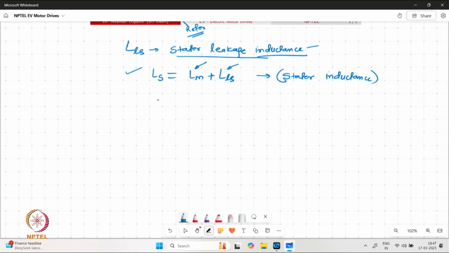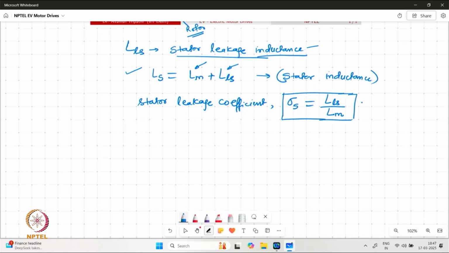Now we can also define at this point of time a coefficient which is called as stator leakage coefficient, which we can denote by sigma s, and it is essentially the ratio of leakage with respect to the magnetizing inductance. So stator leakage inductance and magnetizing inductance, the ratio between the two is basically called as stator leakage coefficient.